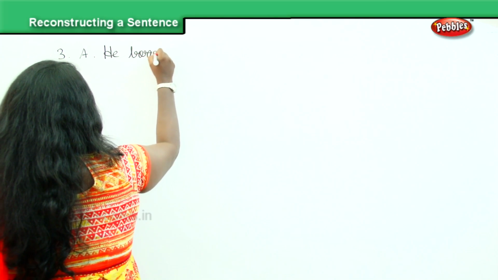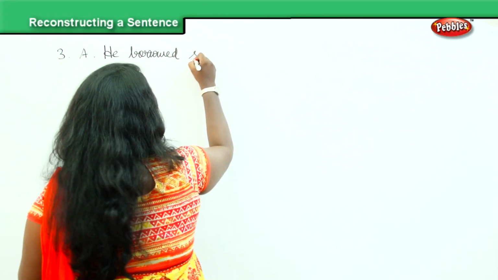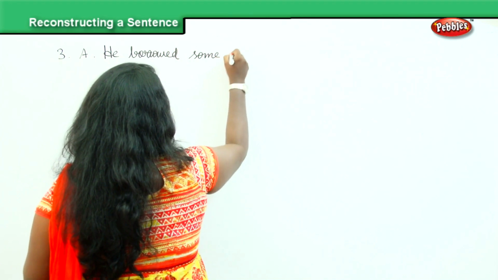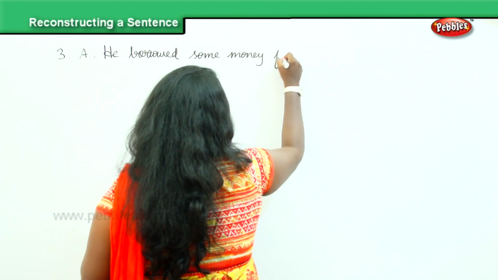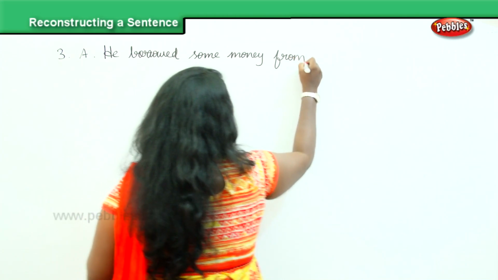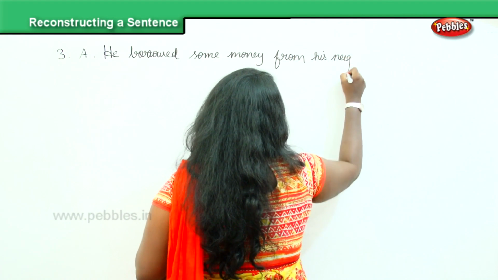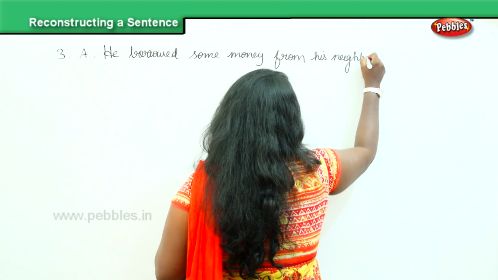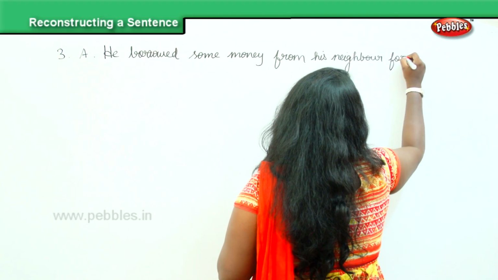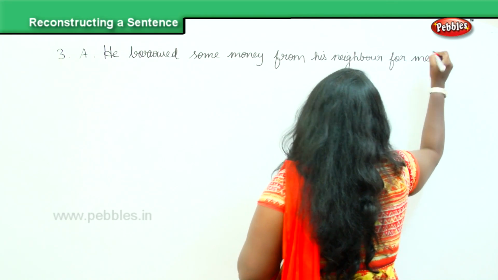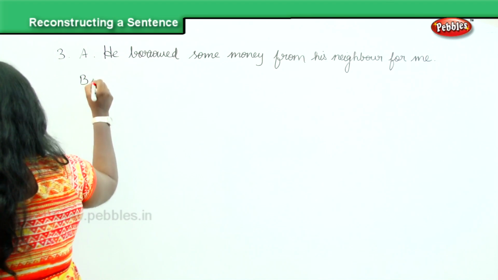He borrowed some money from his neighbor for me. Second sentence.